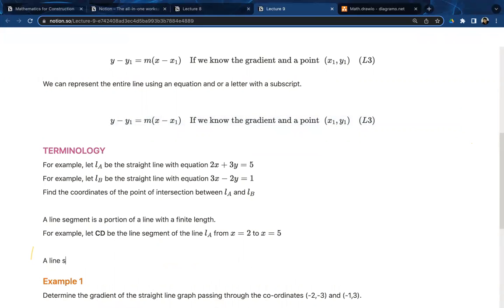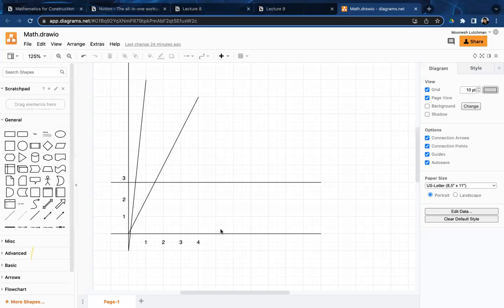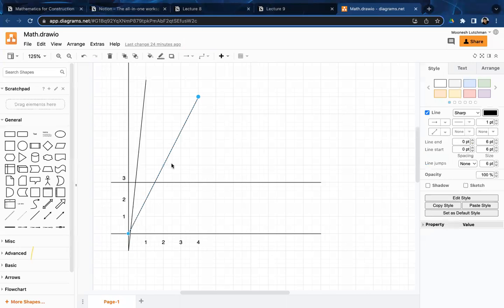A line segment can have a midpoint because it has a finite length, right? So like if I have this line here, maybe the midpoint is this middle area here.